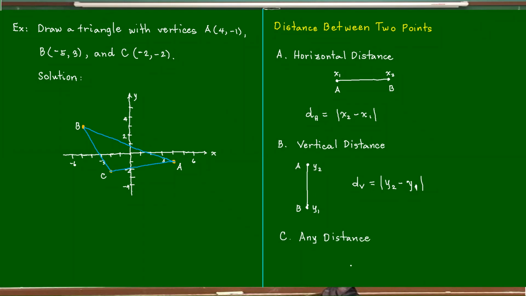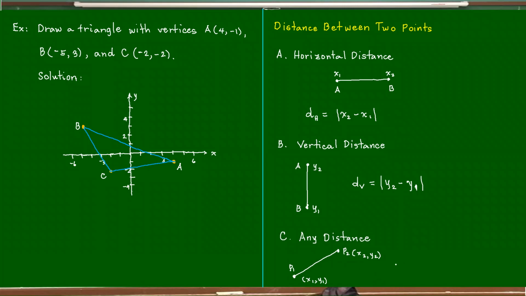Now, for any distance, we have, let's say, this point, and another point here. Generally, it's inclined, but it can be any. So let's call this P1 and this P2. Coordinates x sub 2, y sub 2 for P2, and for P1, we have x sub 1, y sub 1.